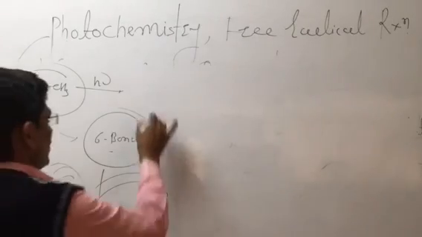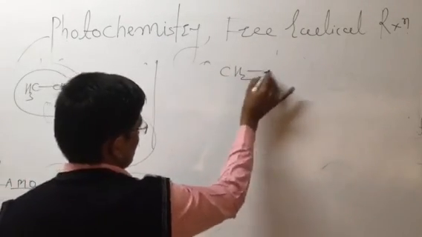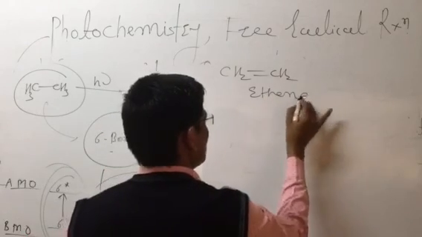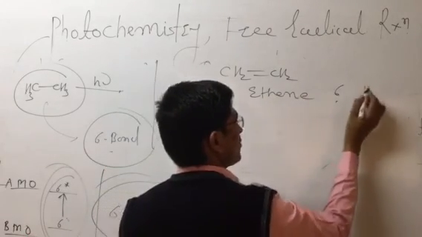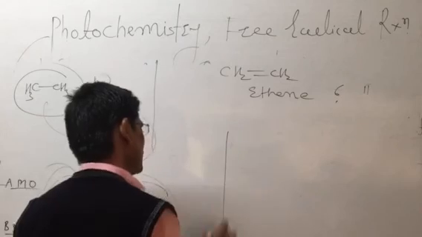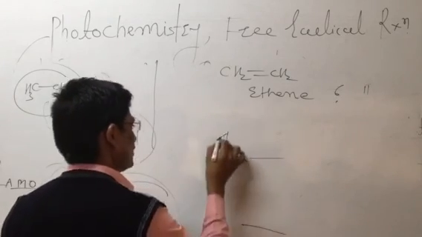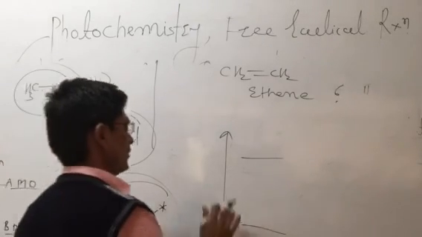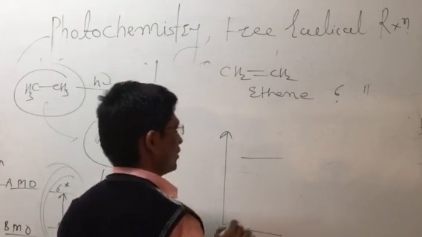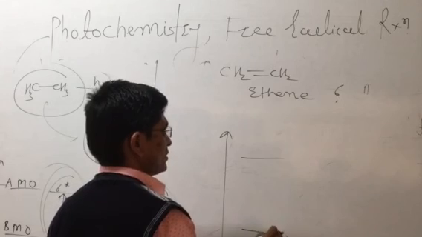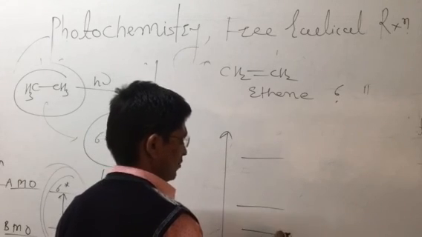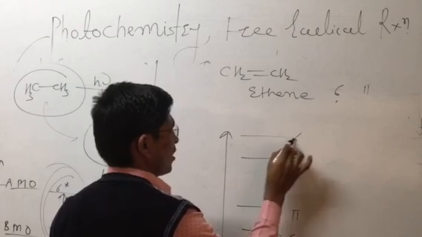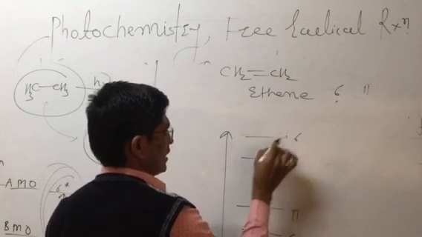If we take the next molecule, the CH2 ethene molecule, this ethene molecule contains a sigma bond and a pi bond. So how does the electronic excitation take place? Here it takes place from a bonding molecular orbital to an anti-bonding molecular orbital. It consists of the sigma bond. Here the representation is sigma and pi, again pi and sigma. So the electronic excitation takes place.